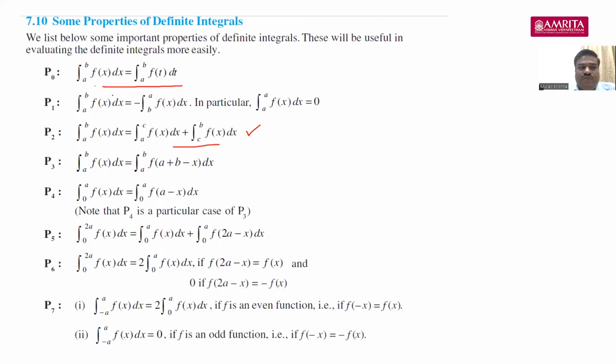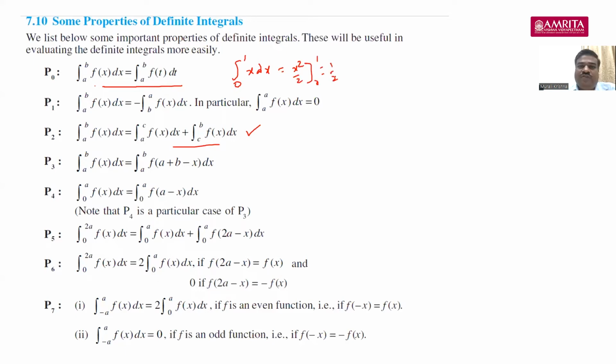Once you look at the first property, what it says is that the variable of integration is dummy. That means integral a to b f of x dx or integral a to b f of t dt, both are same. As you know, simple integration: integral 0 to 1 x dx, the answer is x square by 2 under limits of 0 to 1.